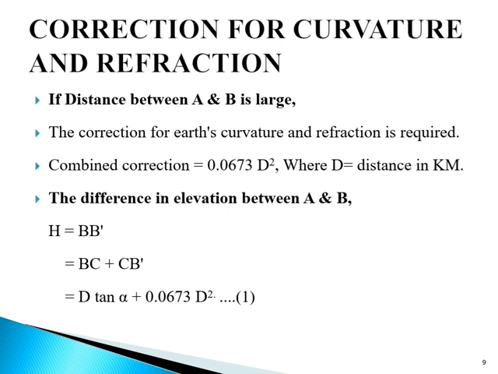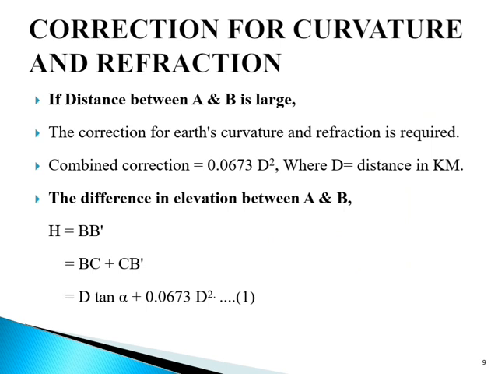If the distance between A and B is large, then the correction for earth curvature and refraction is required. Combined correction is equal to 0.0673 d square, where d is the distance in kilometers. So the difference in elevation between A and B, H, is equal to BB dash.